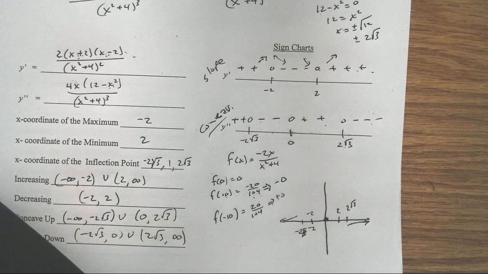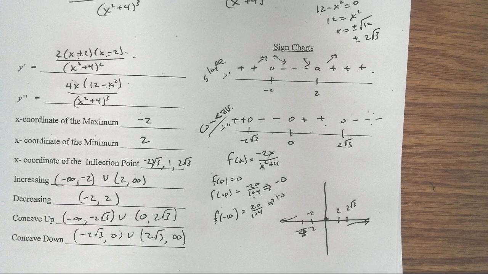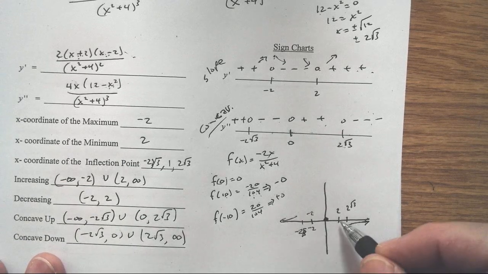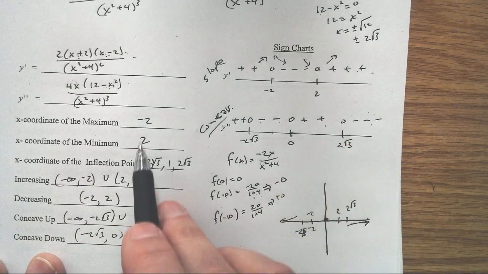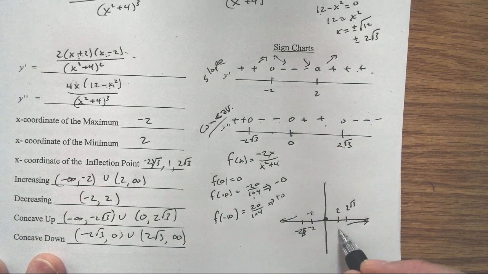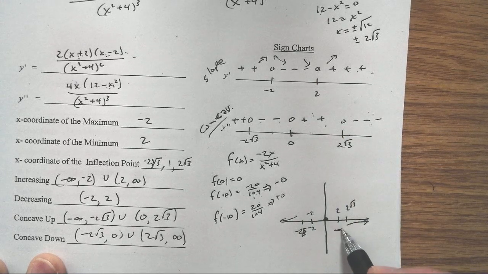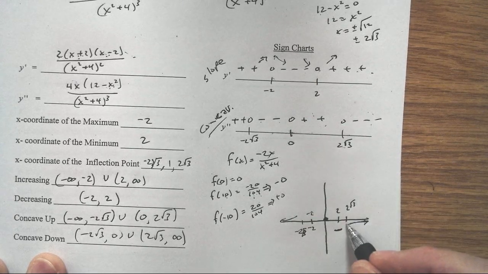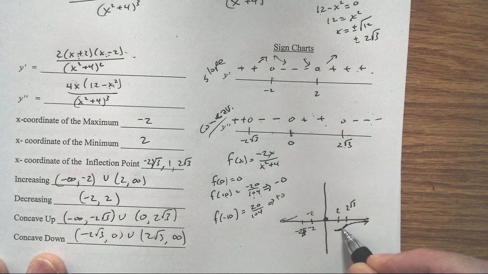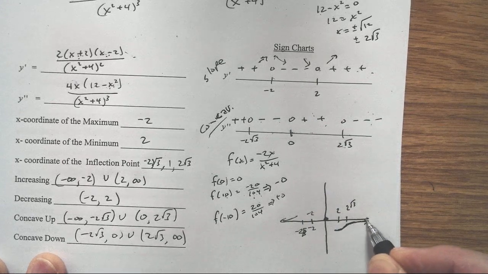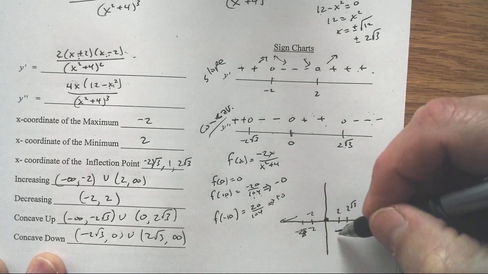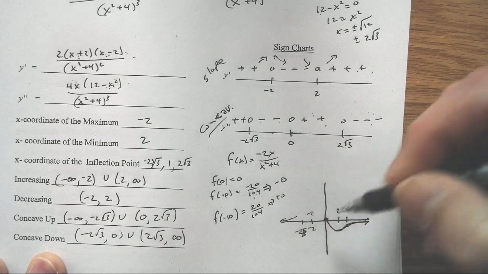So those are a number of things that I learned right there. What else do I know? I have a minimum at 2. The graph gets down as low as it's going to get at 2. At 2, it's cupping up. But the cupping changes at 2 square root of 3. It should appear to be cupping down and then cupping up after that. I pass through here.